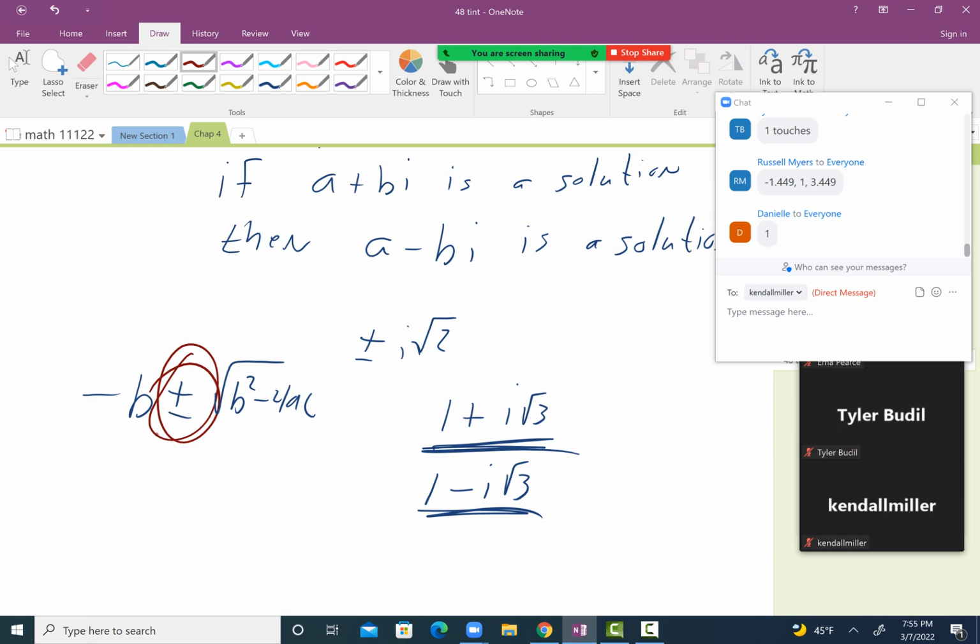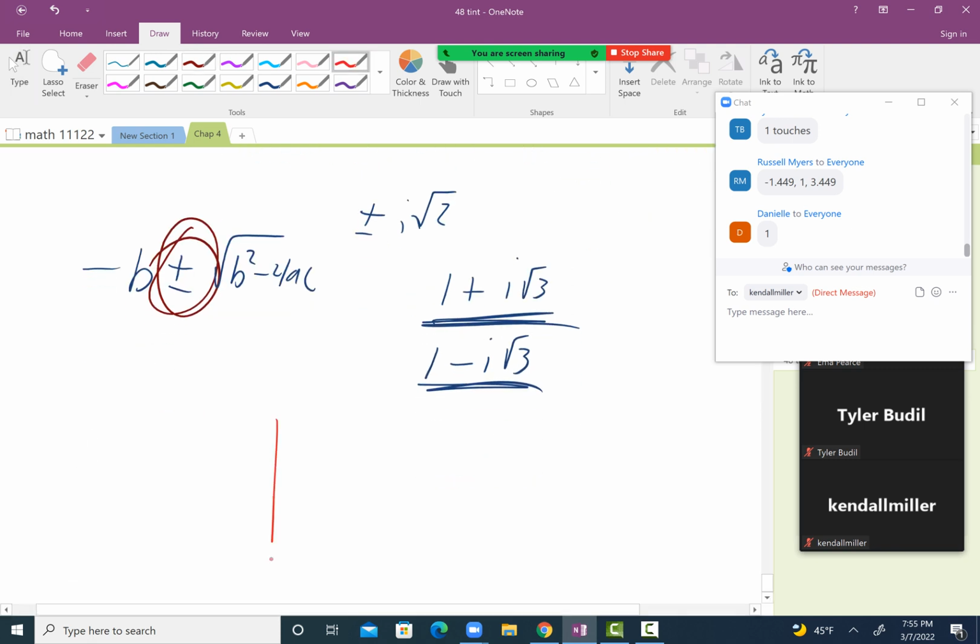That means that for i problems, there's always two answers. Yes. So you could have a situation where we just have a second degree, and one answer might be 2i.